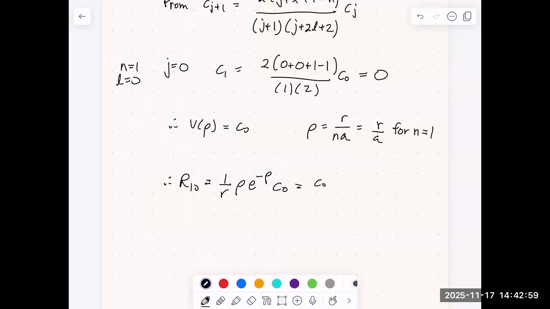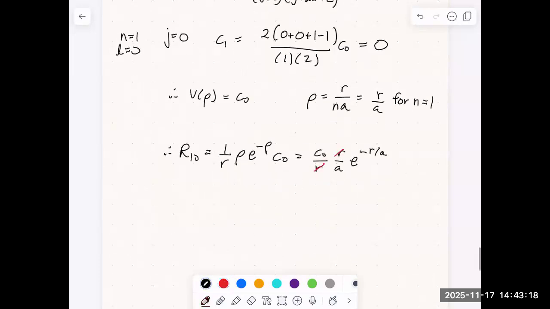So it's C0 over r, times r over a, e to the minus r over a. Even these r's cancel. And so our R10 is equal to C0 over a, e to the minus r over a.